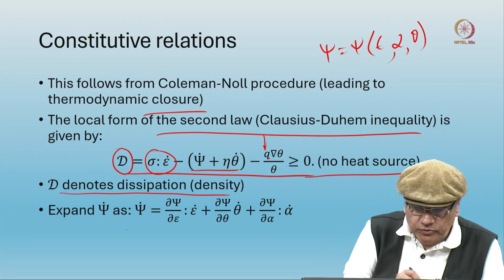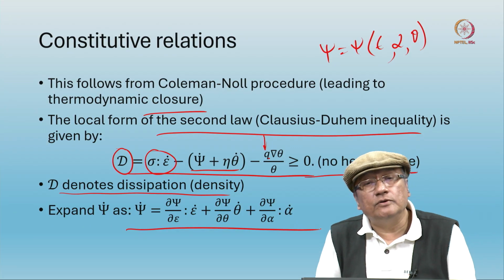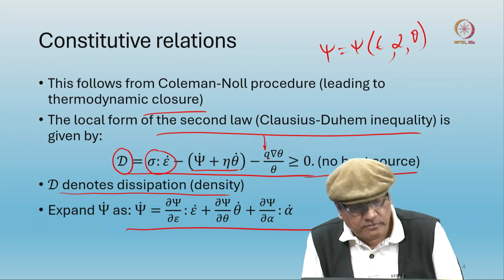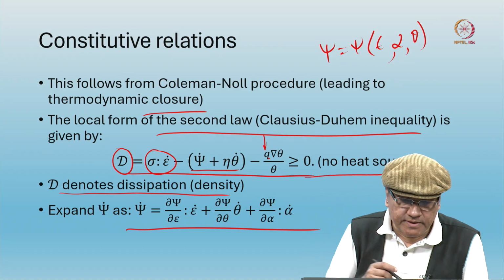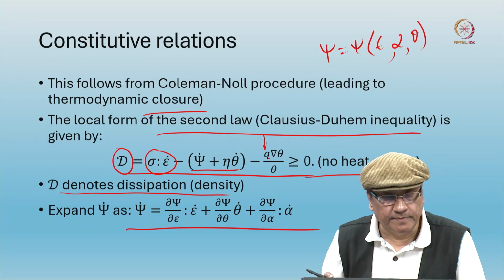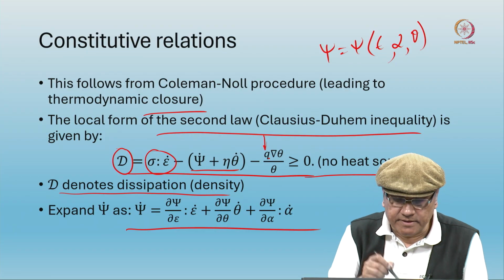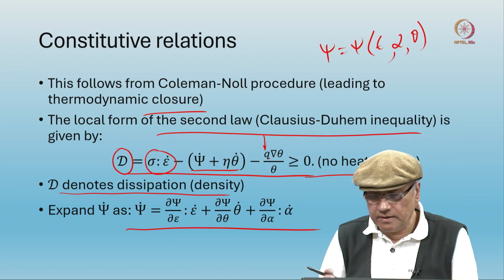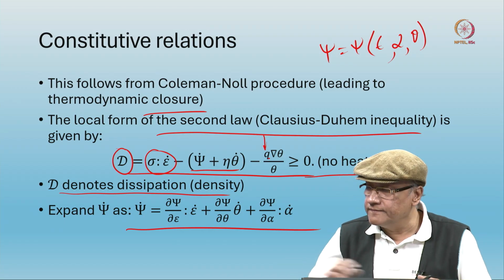So, I can use this standard expansion based on calculus of psi dot, which is equal to del psi by del epsilon inner product with epsilon dot, plus the other terms, del psi by del theta theta dot plus del psi by del alpha alpha dot, all right.